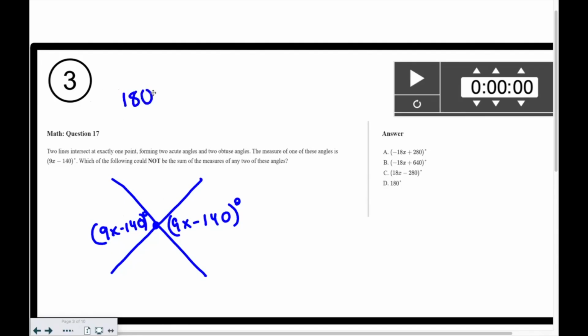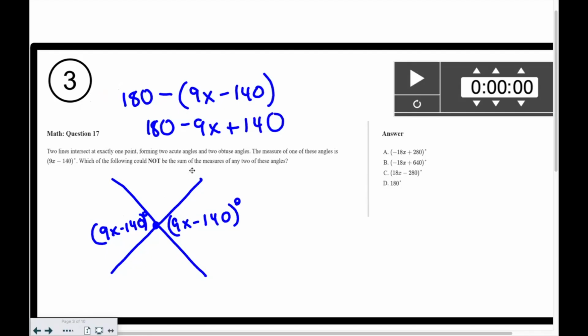So we have to do 180 minus this angle. Now, be careful. You have to use parentheses, or at least distribute the negative. So you get 180 minus 9x plus 140, and 180 plus 140 is 320. So the other angle is 320 minus 9x.